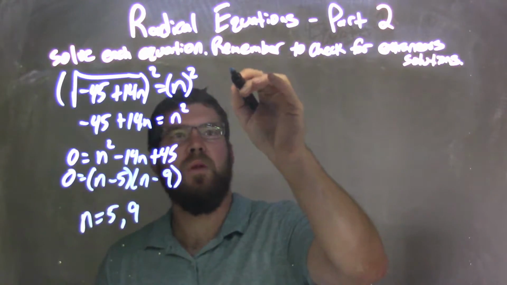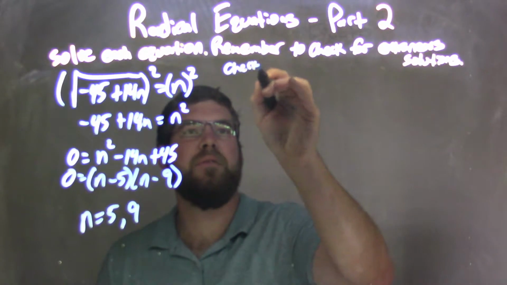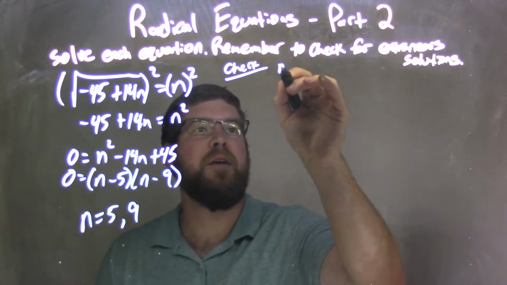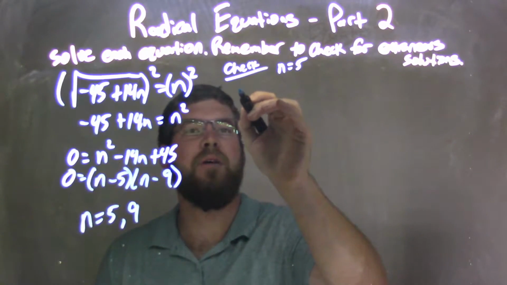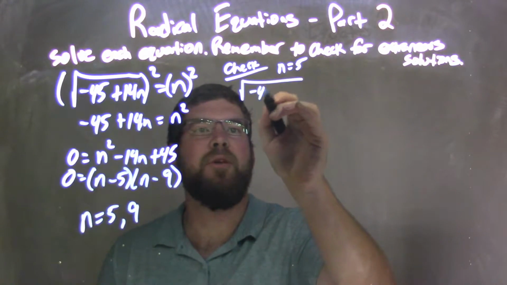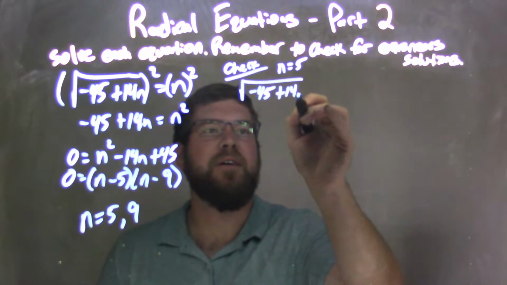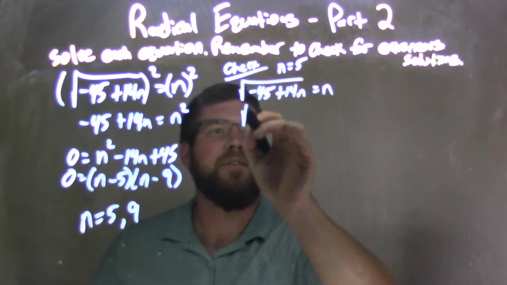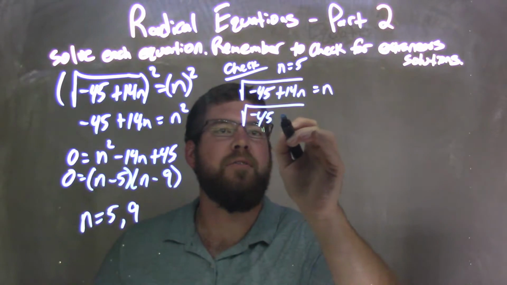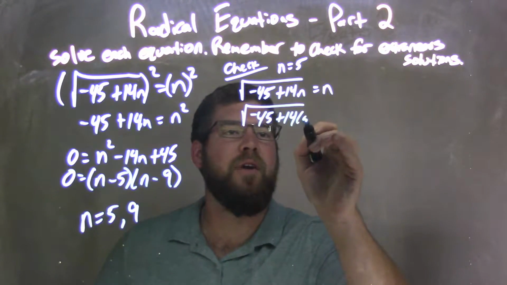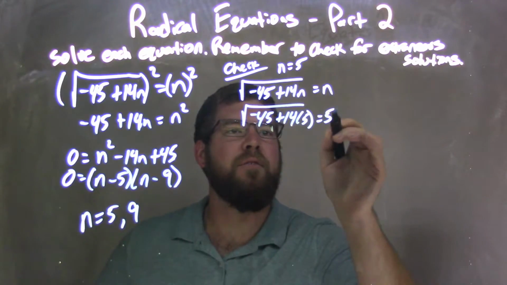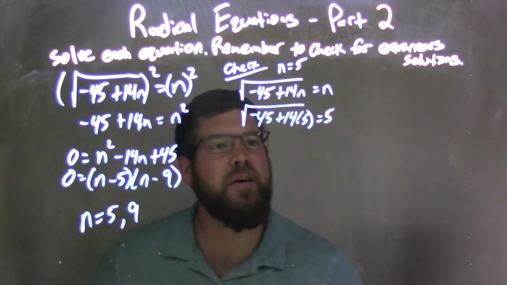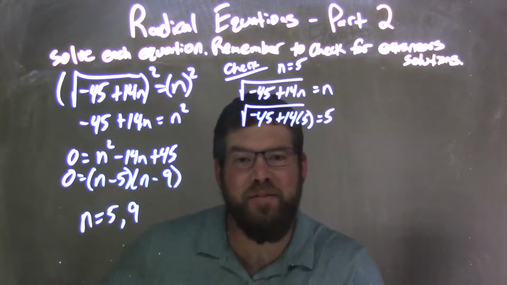So we do our check here. Okay? And we start with n equals 5. So we're going to rewrite our equation, square root of negative 45 plus 14n equals n. I'll plug 5 in, square root of negative 45 plus 14 times 5 equals 5. Okay, right there. What's 14 times 5? 5 times 10 is 50. 5 times 4 is 20.